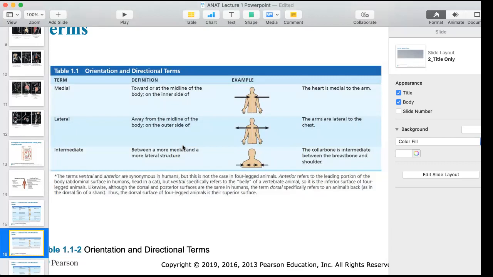There's the anterior cruciate ligament because it's closer to the front of the body, the posterior cruciate ligament because it's closer to the back of the body, the medial collateral ligament because it's closer to the midline of the body, and the lateral collateral ligament because it's closer to the outside of the body. In fact, let me show you a representation of the different directional terms that we've been talking about.